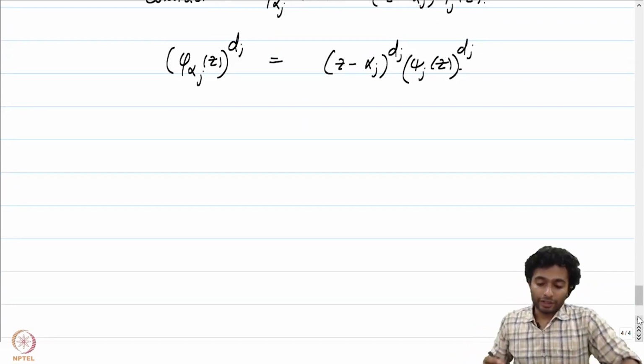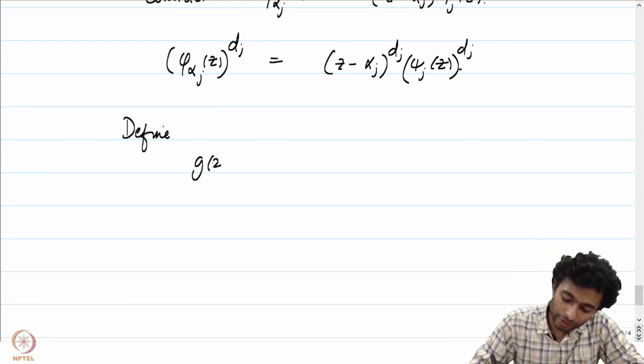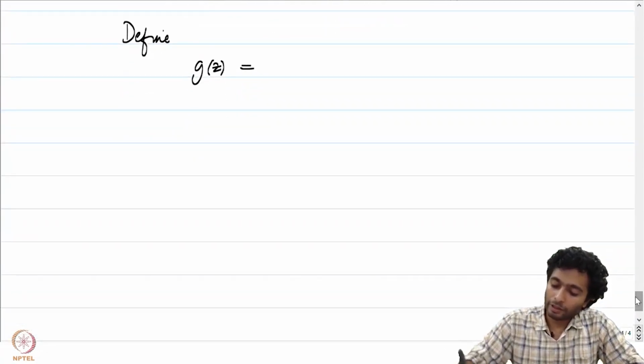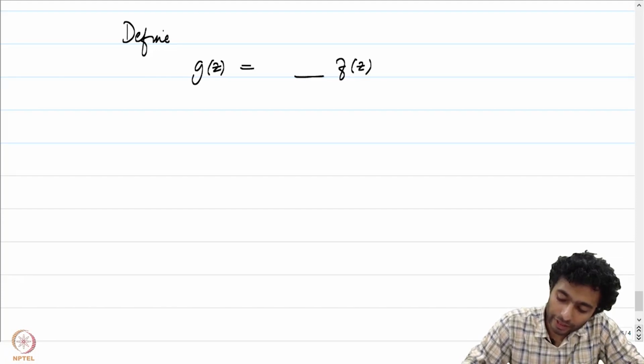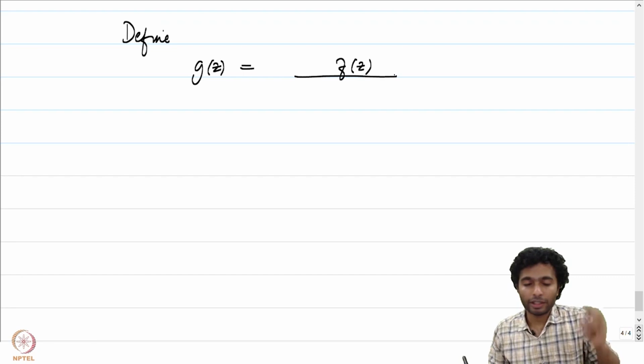Now, let us define a new function. Define g of z to be equal to, we started off with our function f of z which has zeros at alpha 1, alpha 2 up to alpha n, each of which has order d1, d2 up to dn.